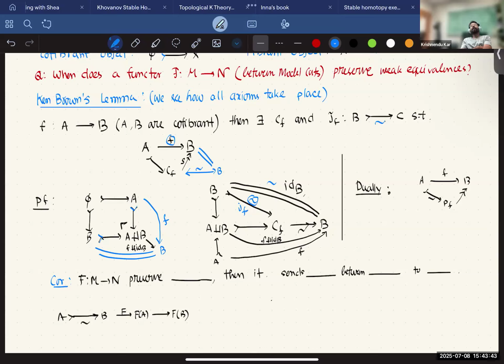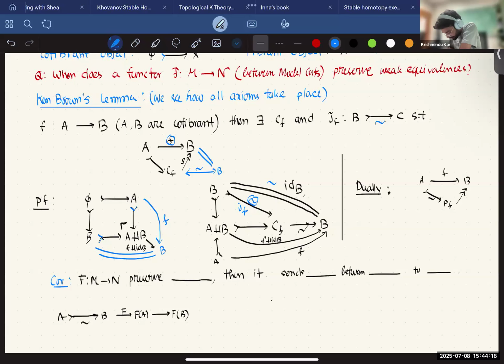Now I'm trying to think how I can use this functorial factorization in the picture. I think the functorial part is that you have a factorization now from A to CF to B. And by the functoriality, CF is actually weakly equivalent to what you wrote as CF before, right? It doesn't have to be weakly equivalent. It can be an arrow from this previous CF to CF prime.